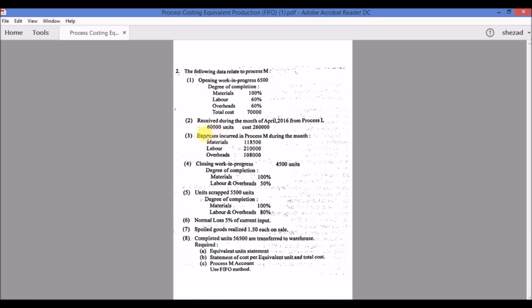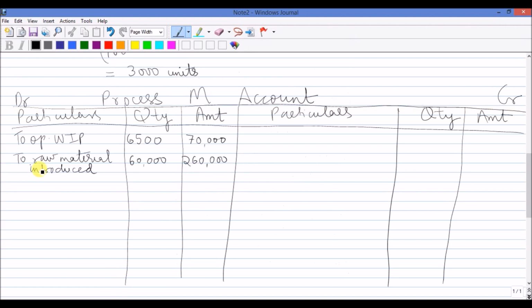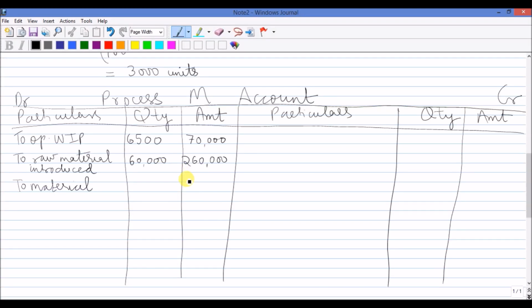Then friends, there are expenses incurred in process M: material, labor and overheads, and these are in rupees. So there is another material, and this material is 1,18,500. There is no quantity, it means it is an indirect material.